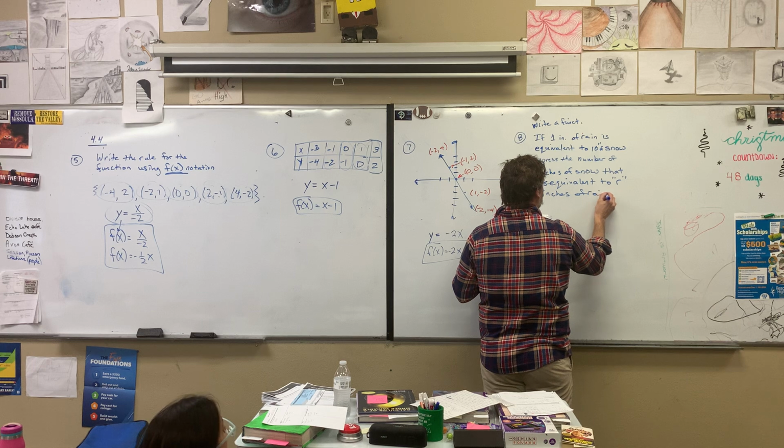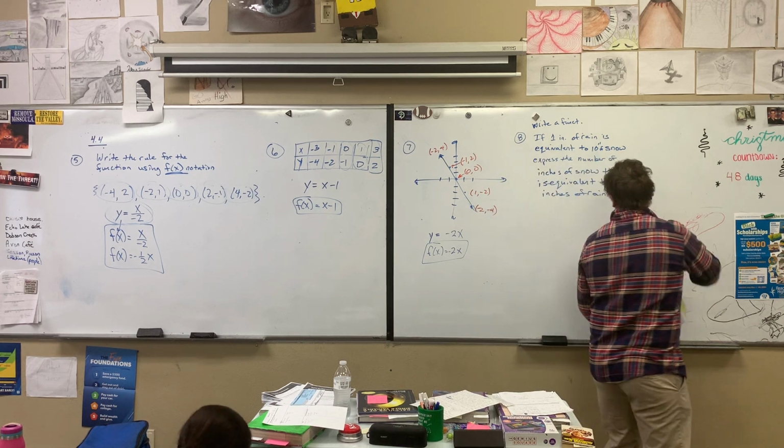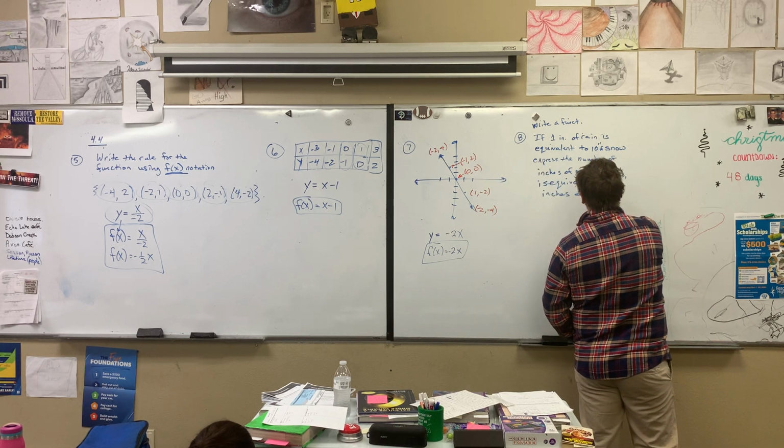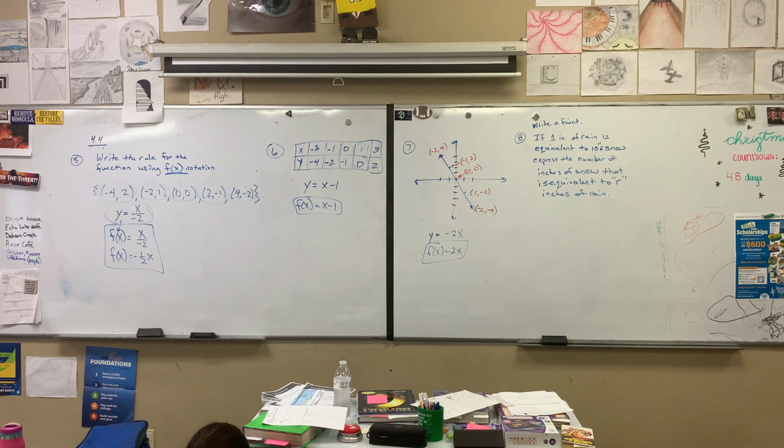Let me move out of the way here. Got sloppy. Okay, so I'm writing, you're writing, I'm done writing, you're still writing. If 1 inch of rain is equivalent to 10 inches of snow, express the number of inches of snow that is equivalent to R inches of rain.